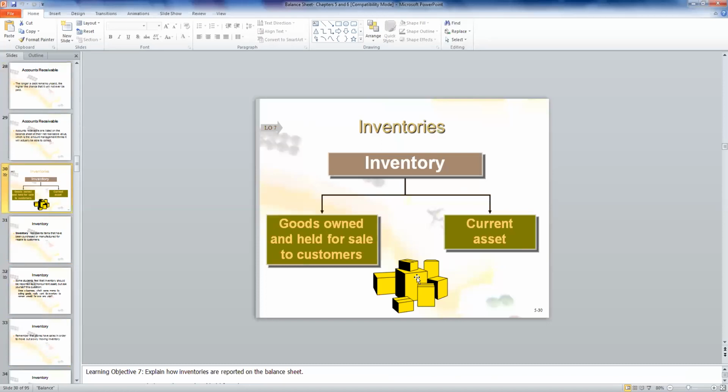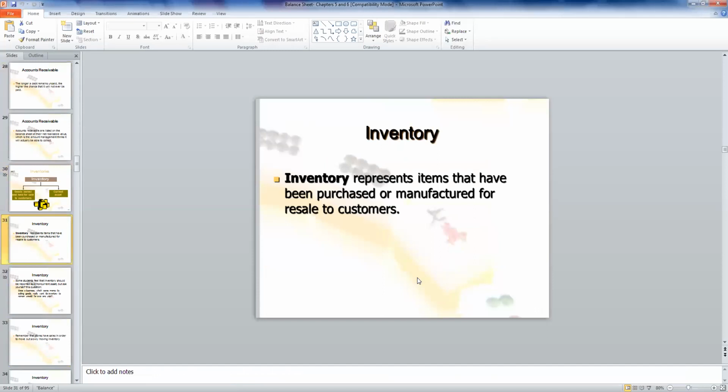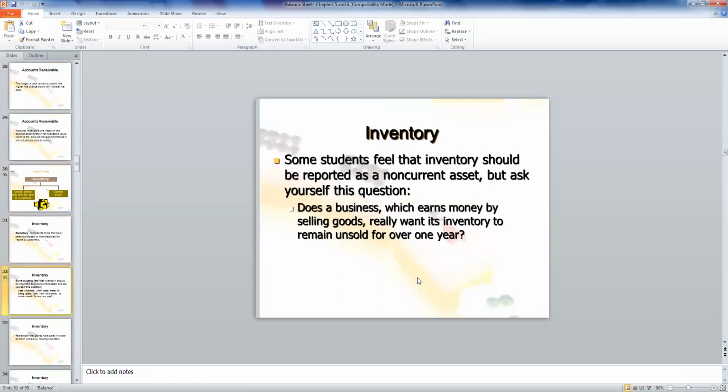That's not inventory because they don't plan to sell that to the customer. It can be either purchased if you're a merchandiser or manufactured if you're a manufacturing company. Some students feel that inventory should be reported as a non-current asset, but that's clearly not the case because we expect to be able to convert it within the current year.